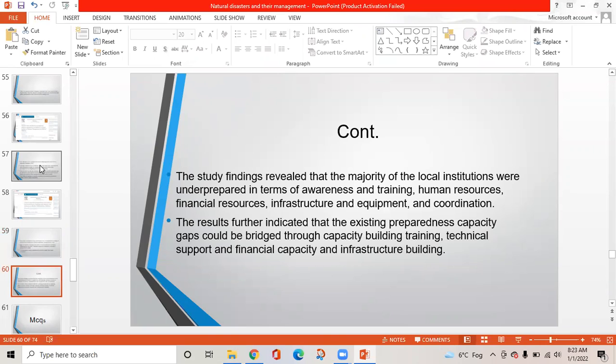The study findings revealed that the majority of the local institutions were underprepared in terms of awareness and training, human resources, financial resources, infrastructure and equipment, and coordination. The results further indicated that the existing preparedness capacity gaps should be bridged through capacity building training, technical support, and financial capacity and infrastructure building.